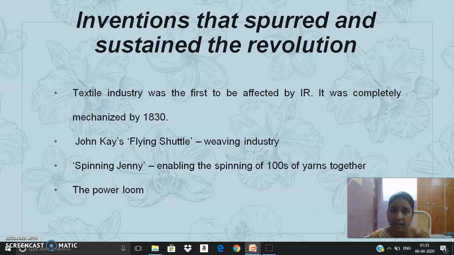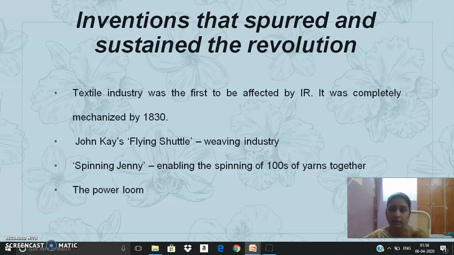Weaving was done at the homes of the weavers, and all the members of the family would be involved in the weaving business. But then, when the textile industry started, workers were reduced and a lot of work was done through machines.